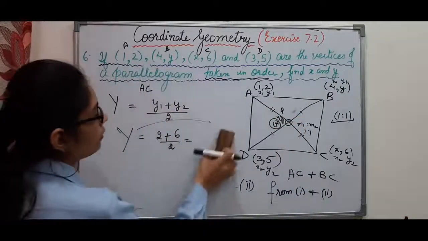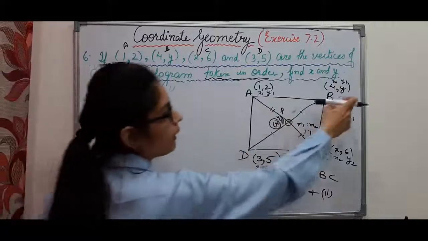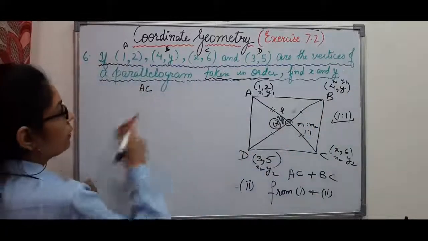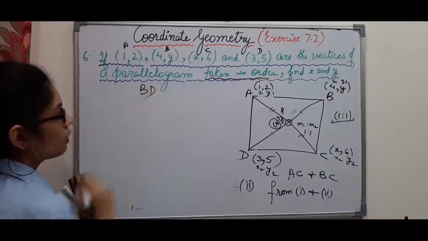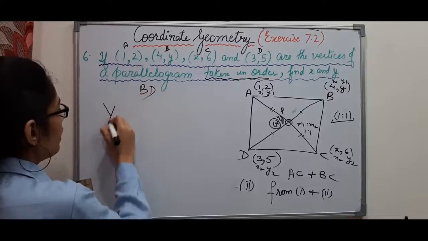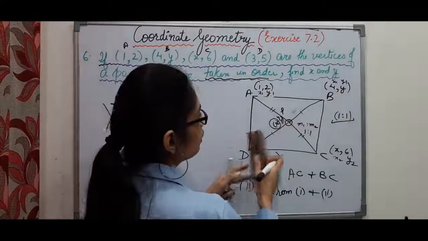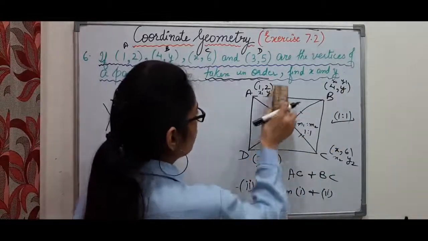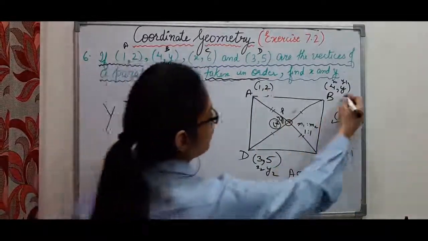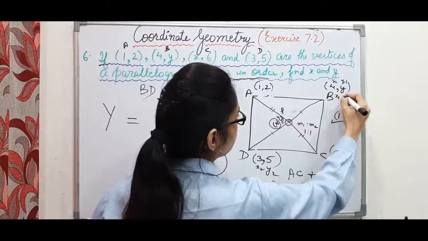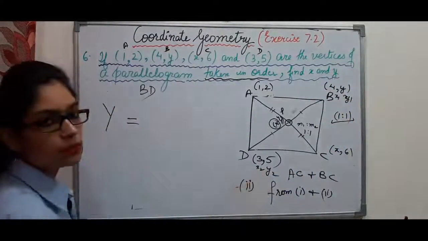Now let's find, because we need the value of this small y. So now let's take the line BD. Again we have to find the value of y. On BD, if you see, BD is this line, the values of x1, x2 and y1, y2 I have already written. x1, y1 is written over here, and this will be x2, y2.